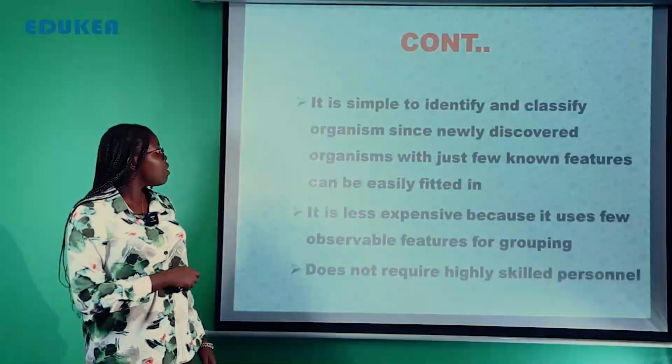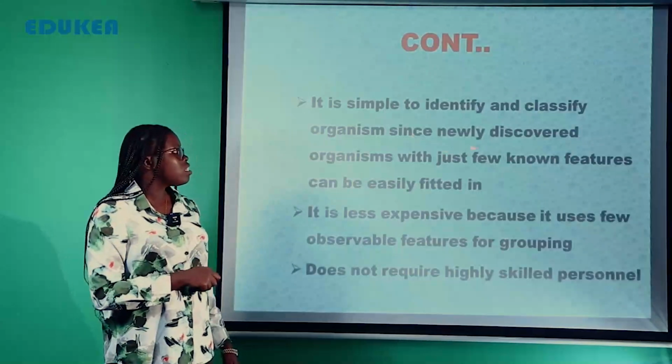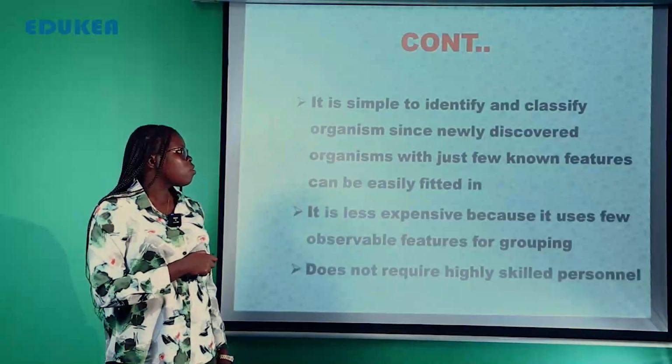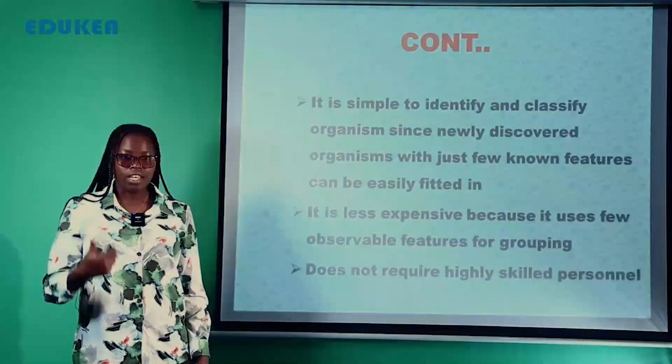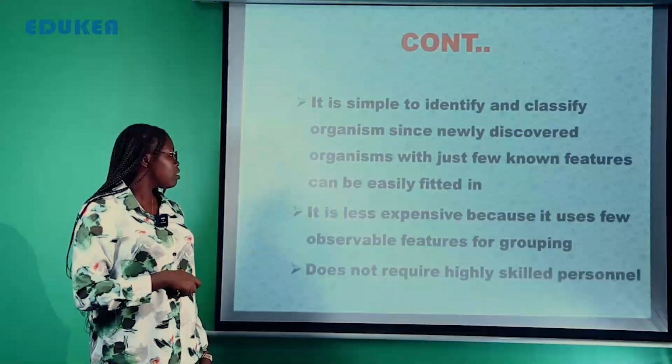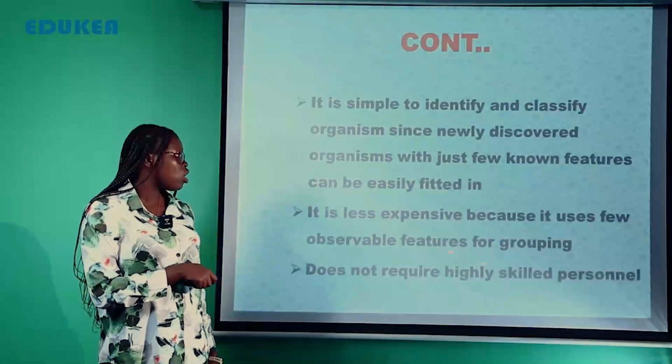The third one, it is simple to identify and classify organisms, since newly discovered organisms with just a few known features can be easily fitted in. The other one, it is less expensive because it uses few observable features for grouping.